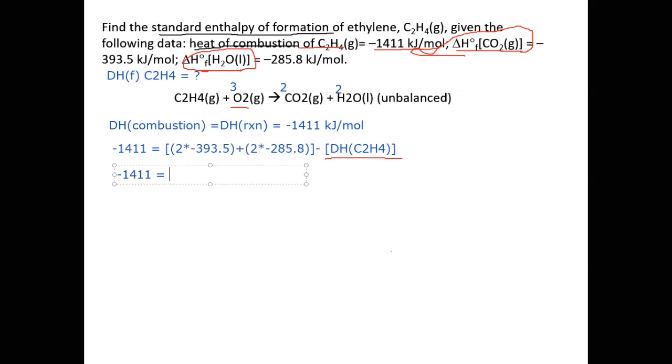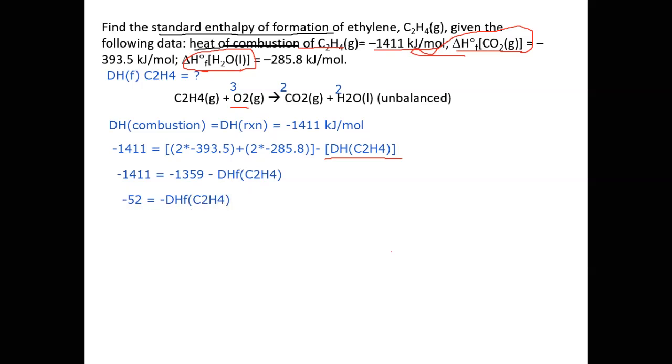So negative 1359 minus delta H of formation of C2H4. And this becomes negative 52 equals negative delta H formation of C2H4.